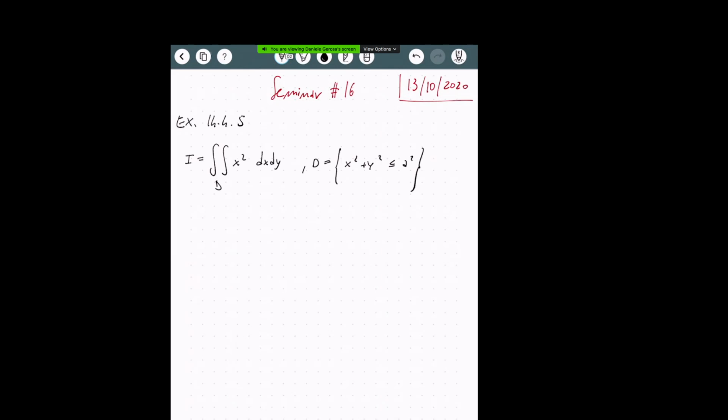In this specific case, a good idea might be to use polar coordinates, for instance.